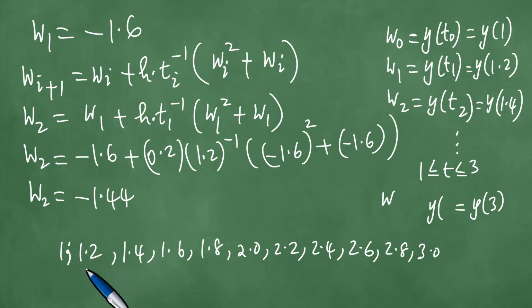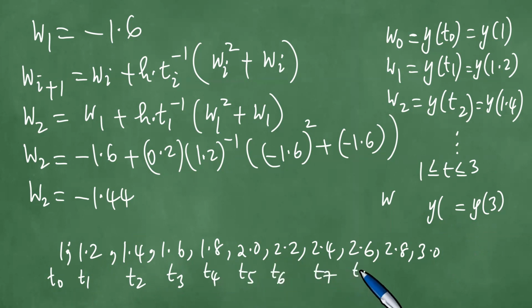Now, at this point, this one is T0, T1, T2, T3, T4, T5, T6, T7, T8, T9, T10, right?